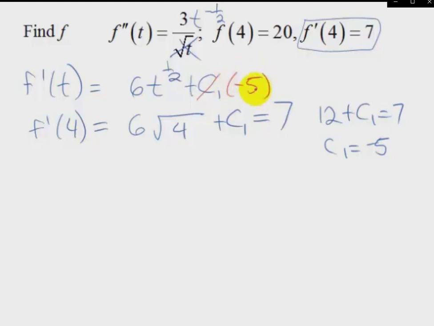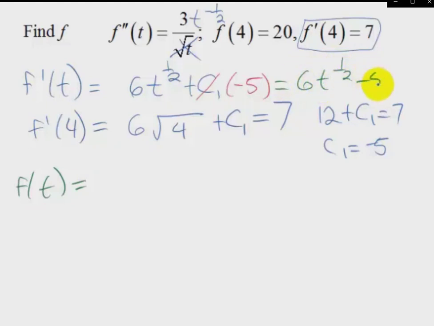This is negative 5. Now we're ready to work on finding f of t, which would be the antiderivative of this function. I'm going to rewrite it so I can see clearly what I have: 6t to the 1/2 minus 5. Now this is what I'm interested in anti-differentiating. So I first of all look at that t to the 1/2 and say, well, I need one higher power.